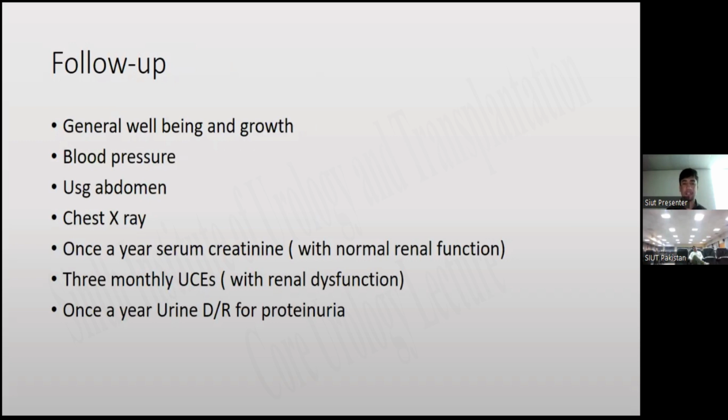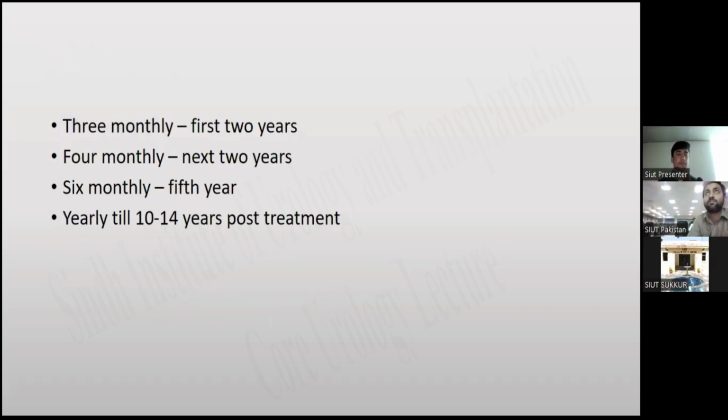Once a year, serum creatinine is checked for those patients who have normal renal function, and 3 monthly creatinine in those patients who have renal dysfunction. Follow-up is 3 monthly for the first 2 years, 4 monthly for the next period, 6 monthly after that, and a yearly follow-up for 10 to 14 years.